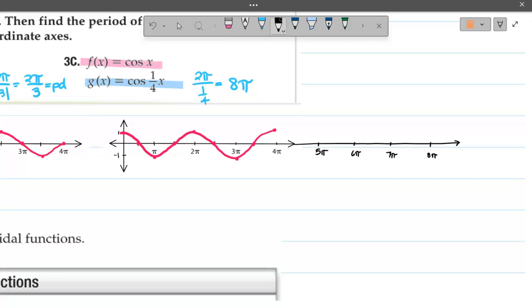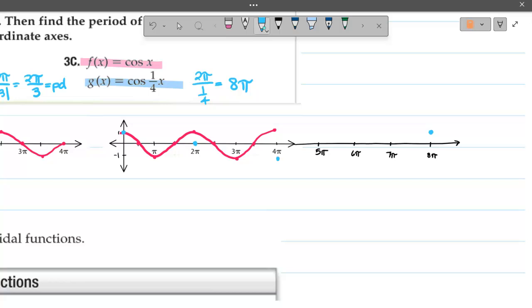What this means is that we start here and we get back up to 1 right here, which means halfway between 0 and 8 pi, I will be at -1. Halfway between 0 and 4 pi, it's 2 pi, I'll be at 0.